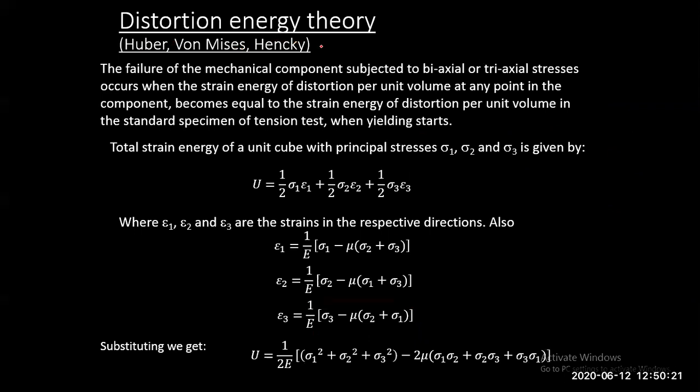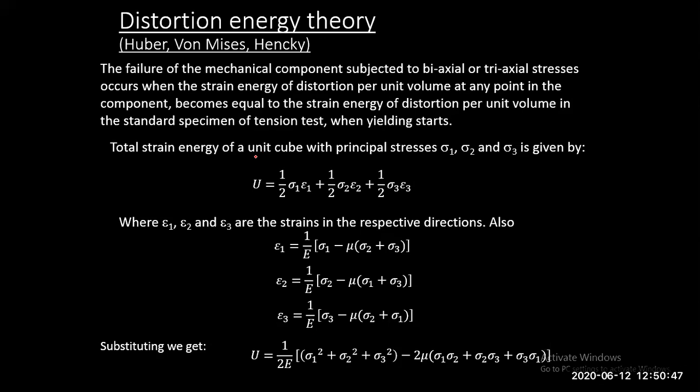Most commonly we use von Mises because most ductile materials are easy to analyze using it, and it is well proven also. Because it uses distortion energy, this equation relates directly to the strain energy of the particle inside the elemental part.